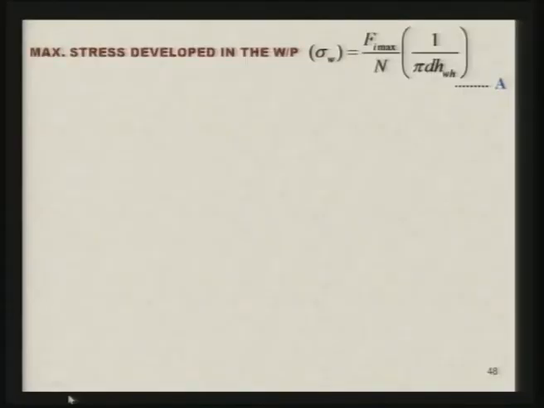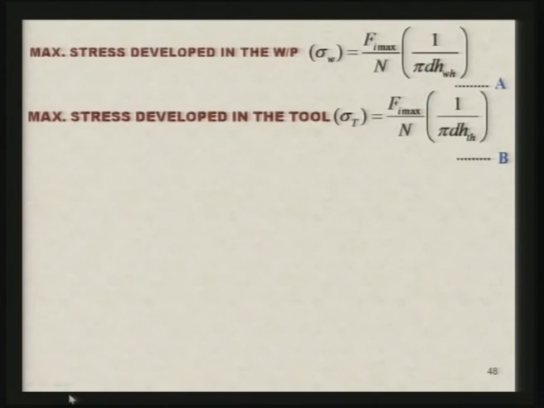It is given by sigma_W is equal to F_i maximum divided by N multiplied by 1 over pi d h_W. The term within the bracket gives you the area. Same way, you can find out the maximum stress developed in the tool, that is sigma_T is equal to F_i maximum divided by N within bracket 1 over pi d h_T.